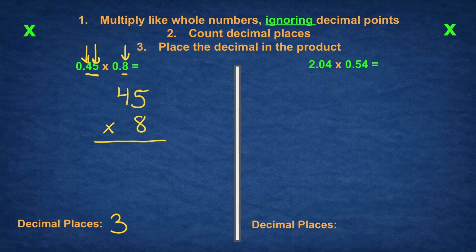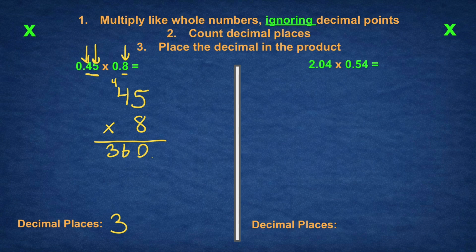We've got 8 times 5 is 40, carry the 4. 8 times 4 is 32, plus 4 is 36. So we get 360. Now our last step is we're going to place that decimal back into our product. And we're going to go 3 decimal places because that's how many numbers we counted in our original problem.